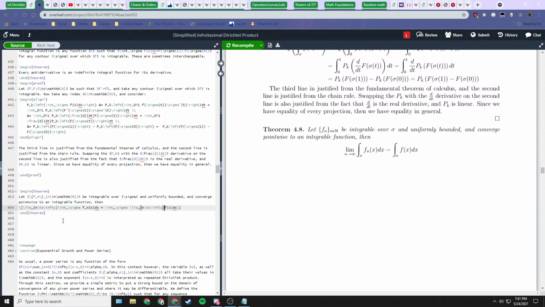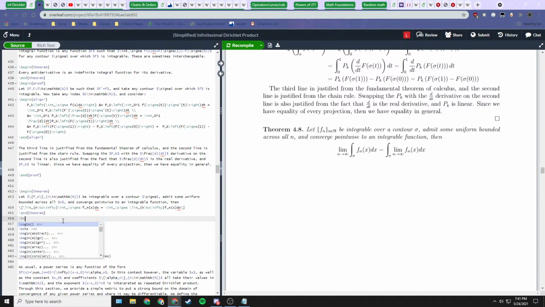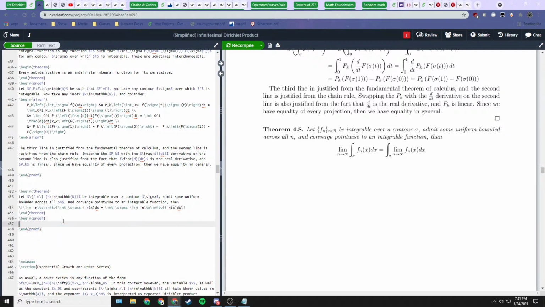Okay, that's cool. Nice. Okay, so this is just basically dominated convergence.